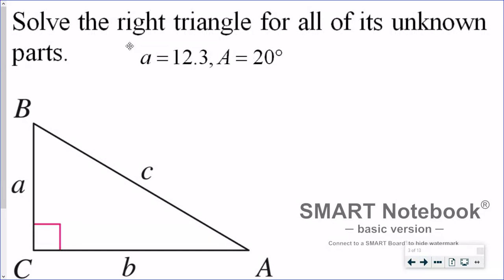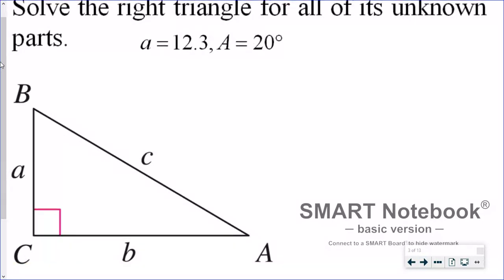So we have a right triangle here, and it tells us that side a is 12.3 and angle A is 20 degrees. Do be mindful that whenever we call a triangle ABC, just so that it fits the Pythagorean theorem, a squared plus b squared equals c squared, that C always has to be the right angle.